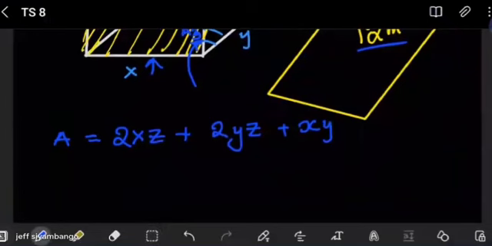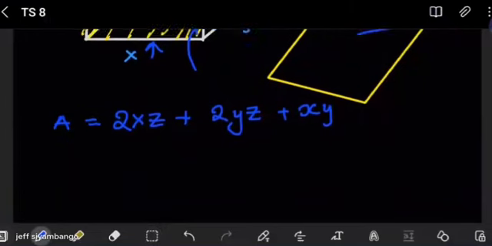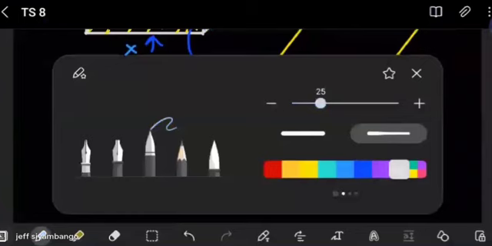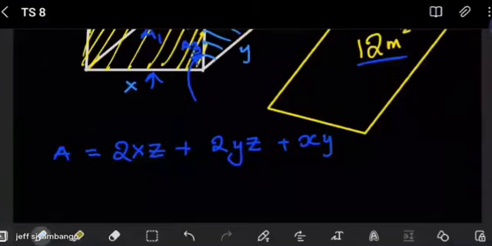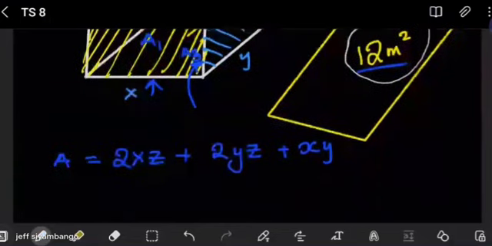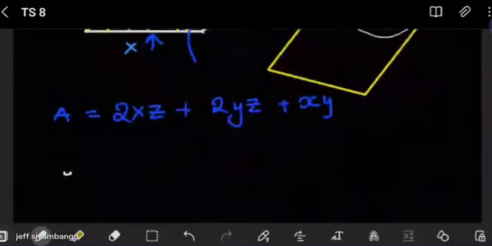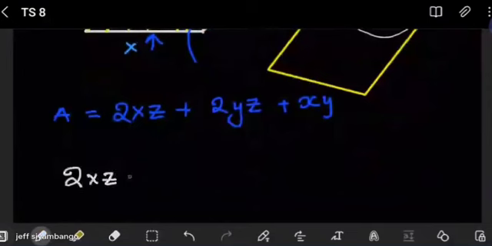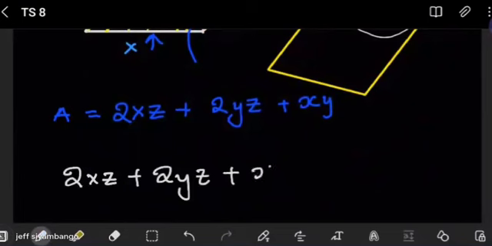And what is the question saying? If you recall, the question did specify that the total surface area is subject to this condition, that it has to be equal to 12, because that is the maximum material that we have. So in other words, 2xz plus 2yz plus xy has to be equal to 12 meters squared.